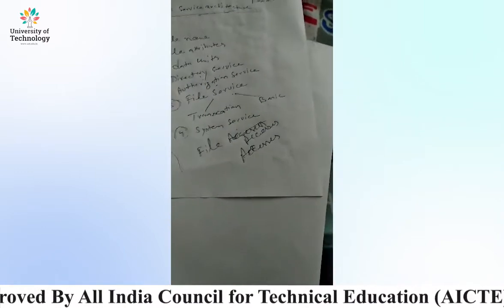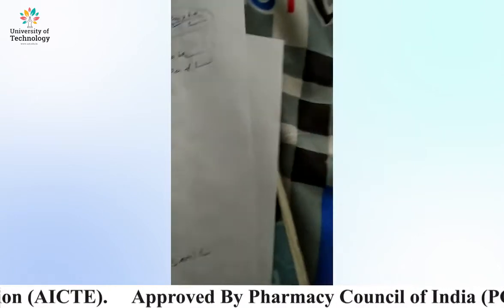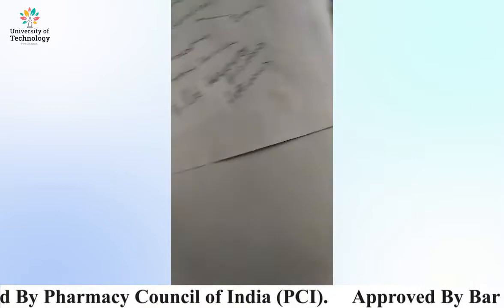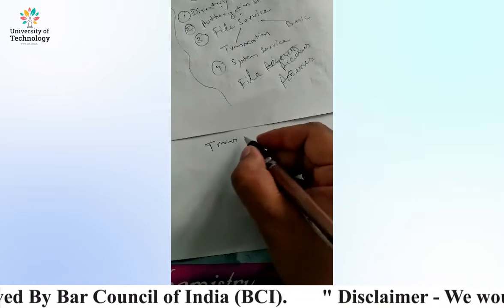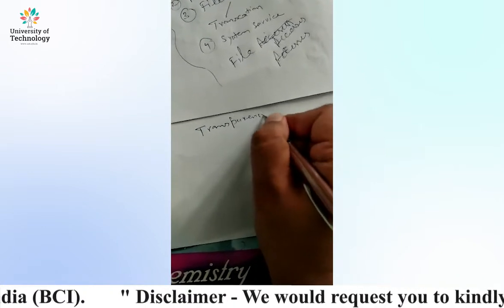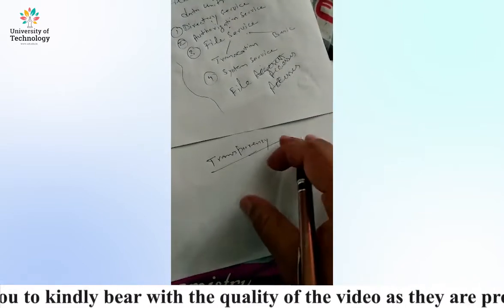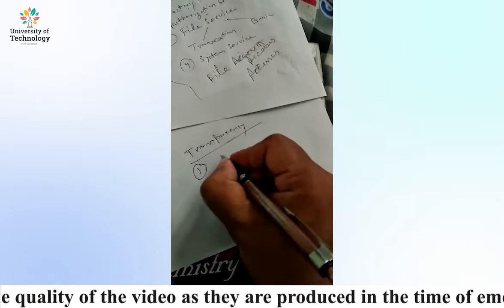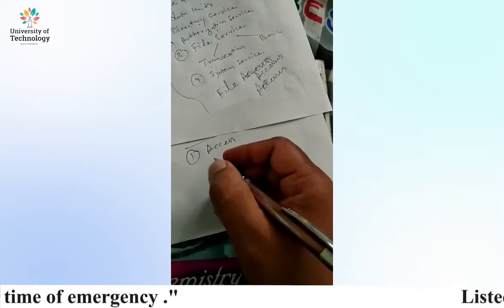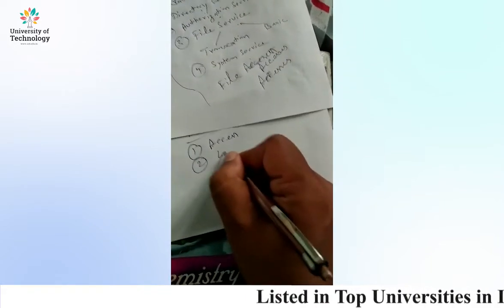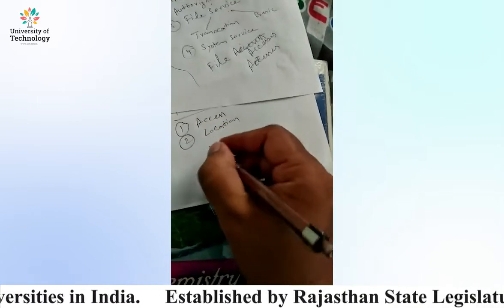Now we have to discuss transparency. Earlier we discussed transparency. First of all, access transparency. Second is location independency. Third is mobility.